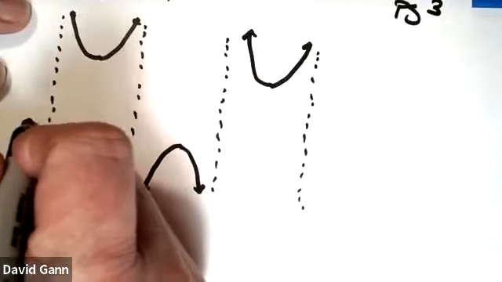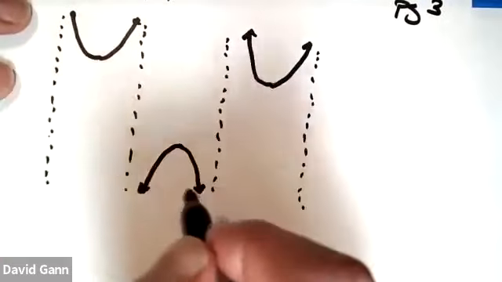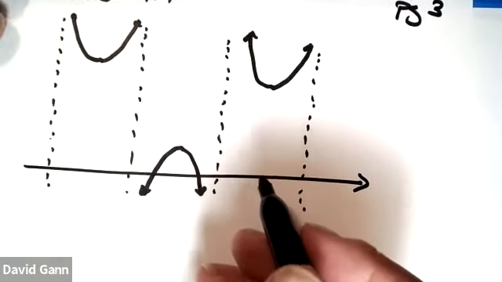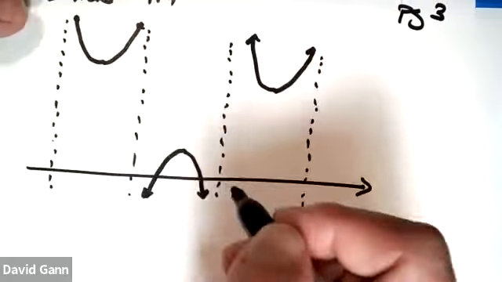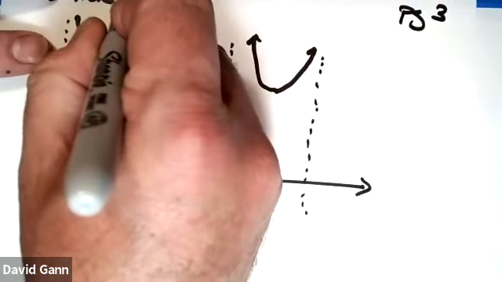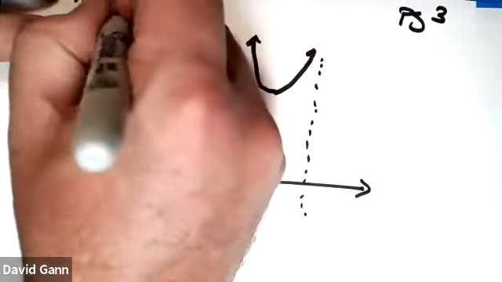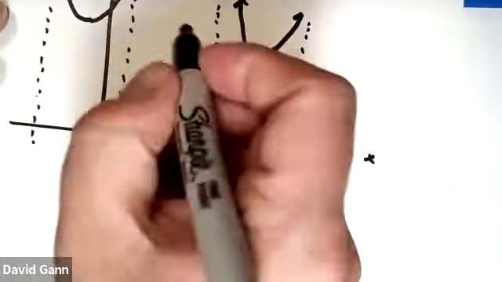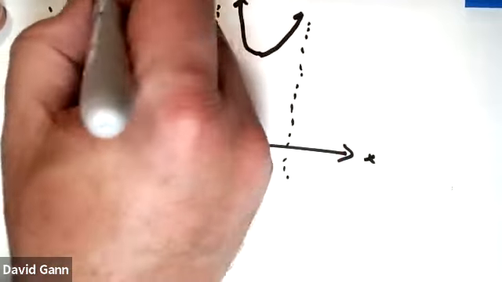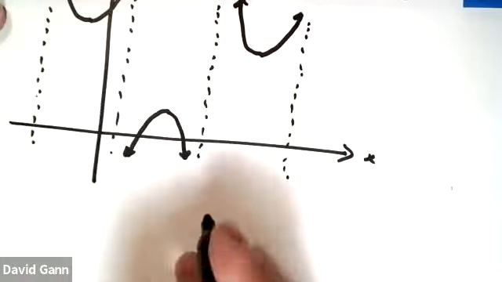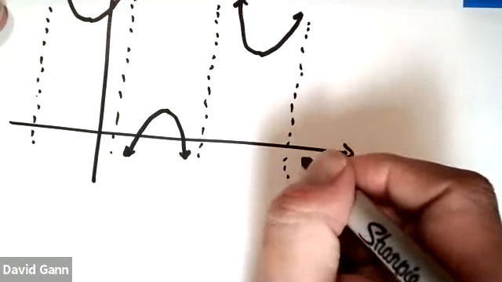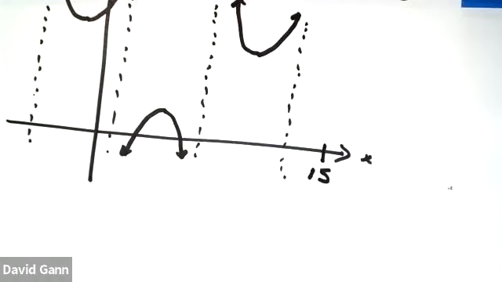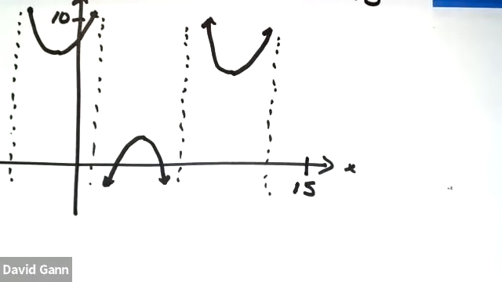So let me put the x-axis in here, and let me make the y-axis, I don't know, right here. Then I'll put some points on here. Let me make this like 10, and maybe make this out here 15.